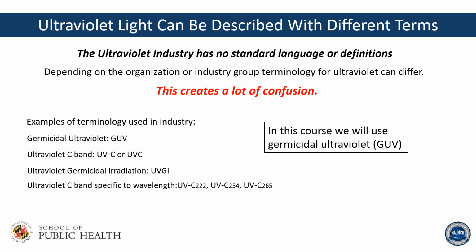So examples of terminology that are used in industry can include germicidal ultraviolet, abbreviated as GUV, ultraviolet C-band, abbreviated as UV-C or UVC, ultraviolet germicidal irradiation, abbreviated UVGI, or ultraviolet C-band specific to wavelength, abbreviated as UV-C 222, UV-C 254, UV-C 265. In this course, we will use germicidal ultraviolet, abbreviated as GUV.